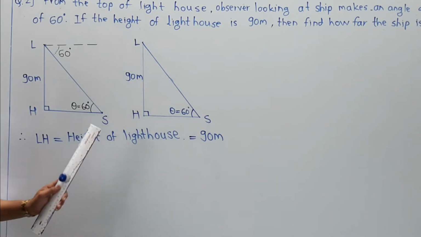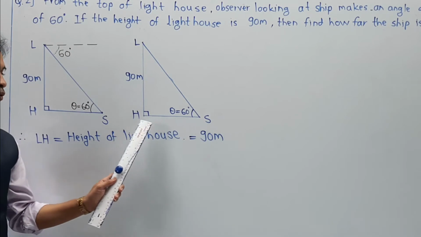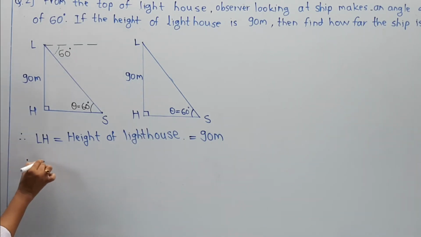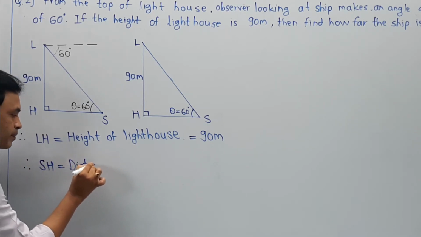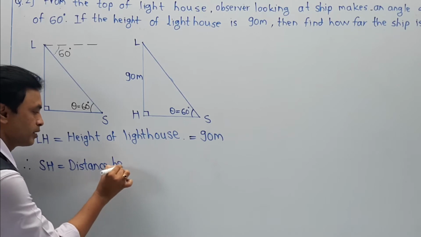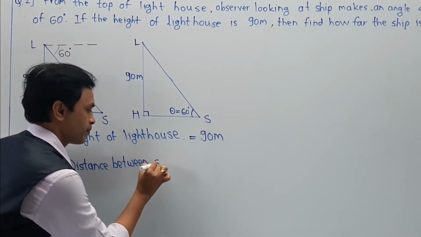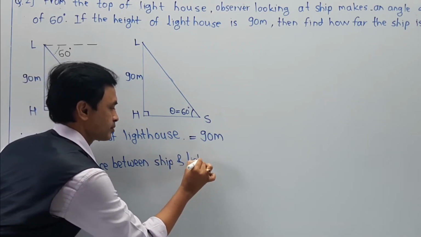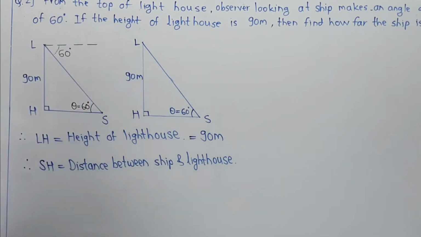Next part, here HS or SH is the distance of the ship from the base of the lighthouse, which we are supposed to calculate. So the second part, SH, is the distance between the ship and the lighthouse. This is what we want to calculate.